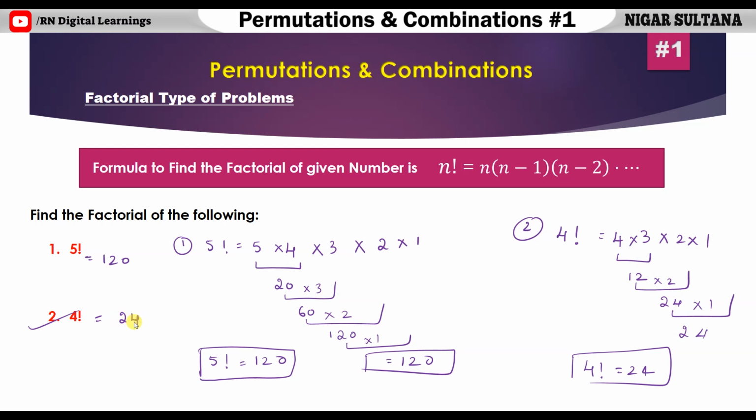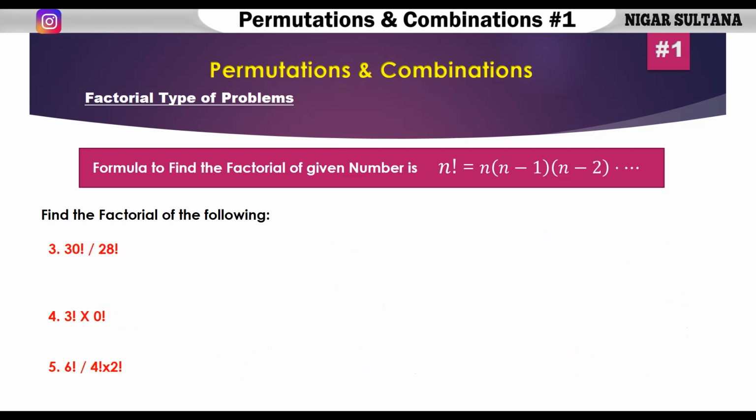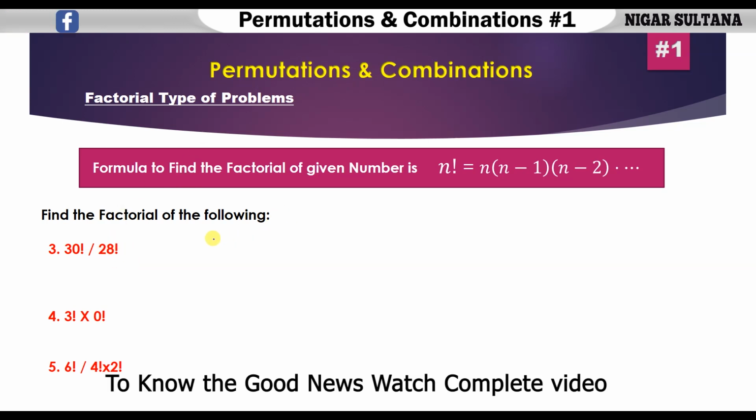Now let's solve a few more problems based on factorial. Now 30 factorial. Here they have given 30 factorial. It is not necessary that we must go 30 into 29 into 28 into 27 up to 1. No. We have a smaller value, that is 28 factorial. Start from 30 factorial, so this is my third one: 30 into 29 into 28 factorial.